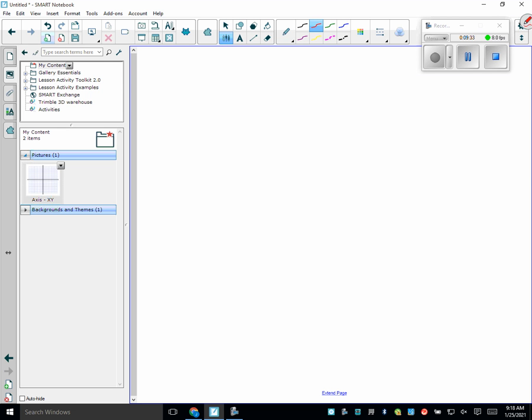Let's do a simple one first. My function is this. What would make my denominator 0? -4. That would be undefined if my denominator was 0.